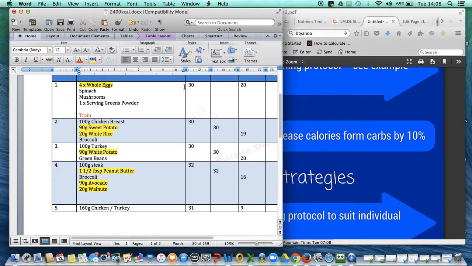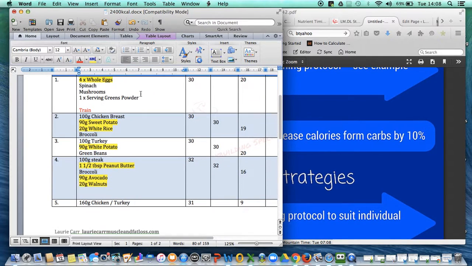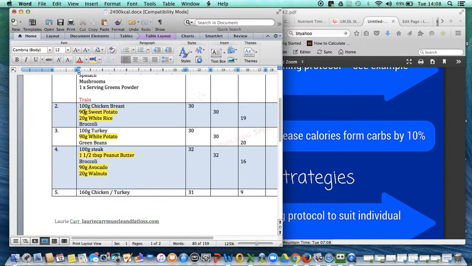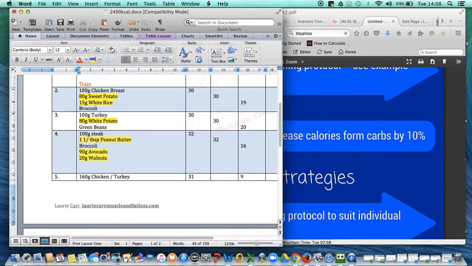So going back to our diet, we would decrease the calories, keep your protein the same, and just work on the carbs and the fats. So 10%, let's take it down to 80, take it down to 15. I'm rounding this up, I'm not being anal about it. It's just a guideline.